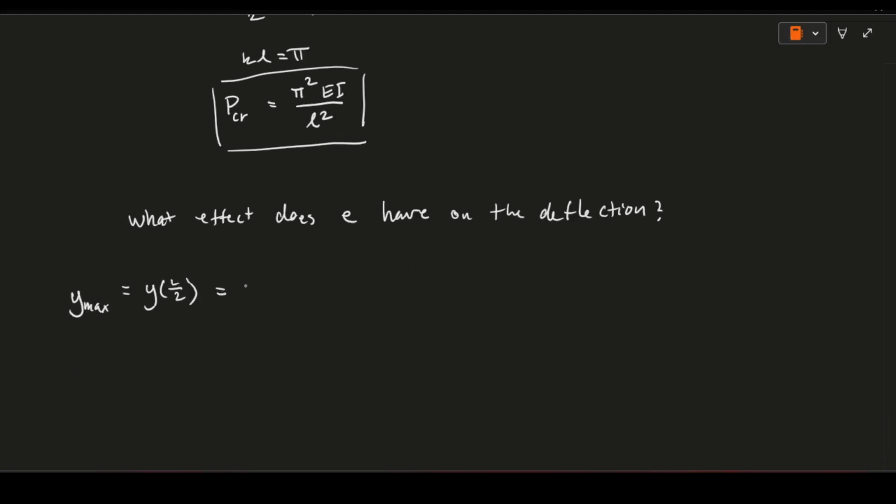This we know is equal to e times cosine kl over 2 plus tangent kl over 2 sine kl over 2 minus 1. Instead of writing kl over 2 all the time, I'm going to say that u is equal to kl over 2.